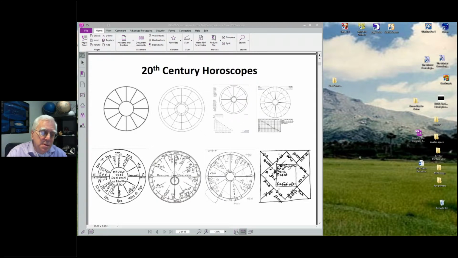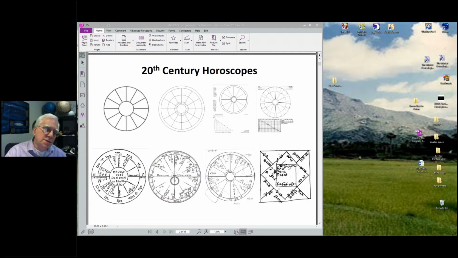Then different ones came in. Here's another adapted one, which has the houses put in like petals, and they had a symbol in the front, and they put the degrees of the house cusps around the edge. Still, the idea is you're putting the planets in the houses, and you put the degree and the sign of the planet, or the signs on the house cusps.